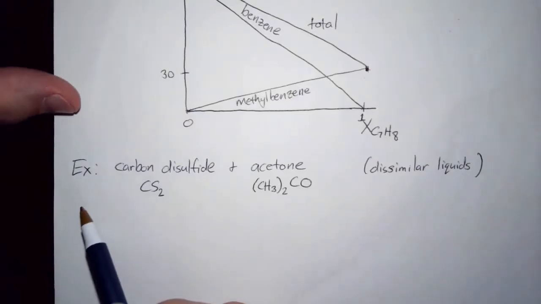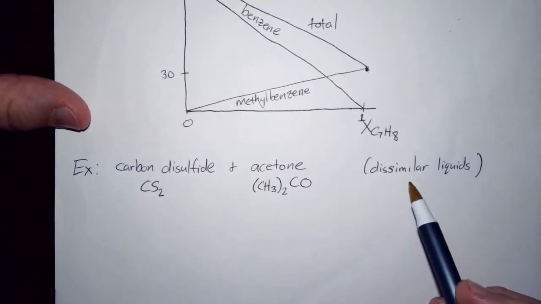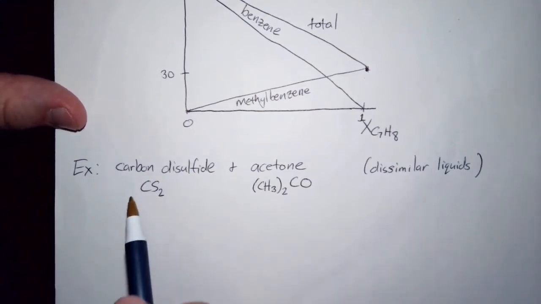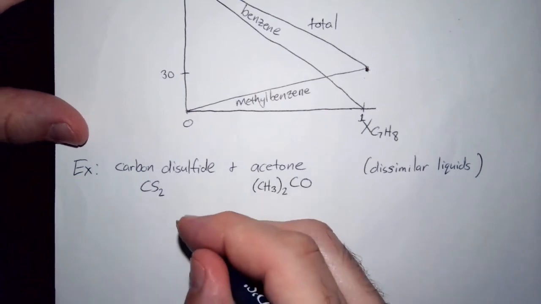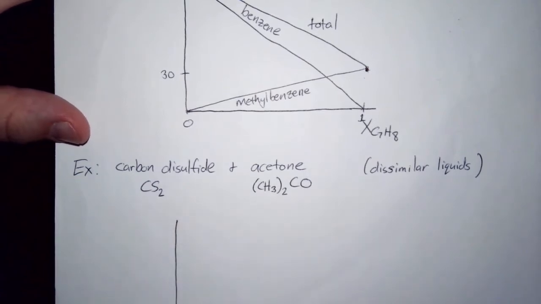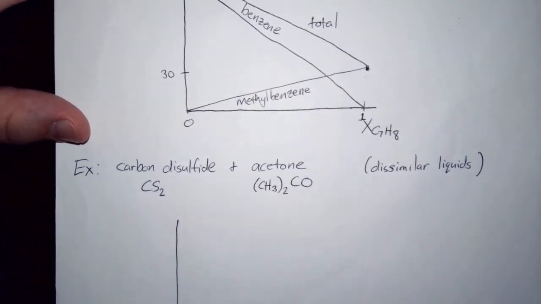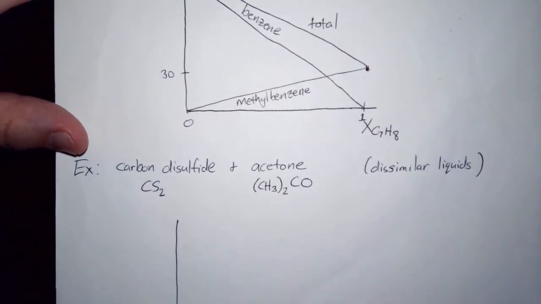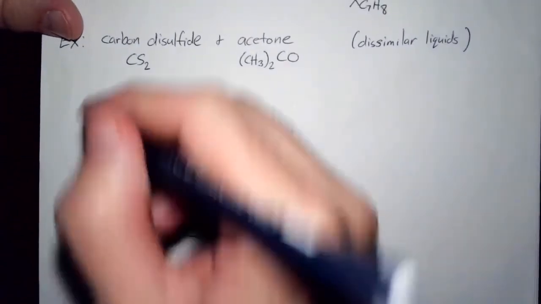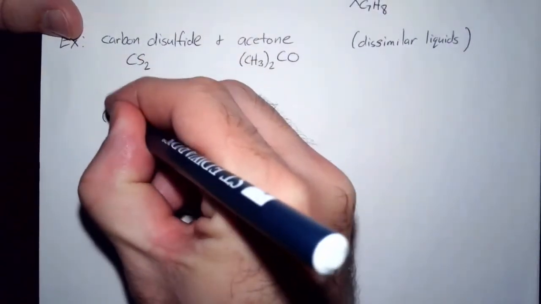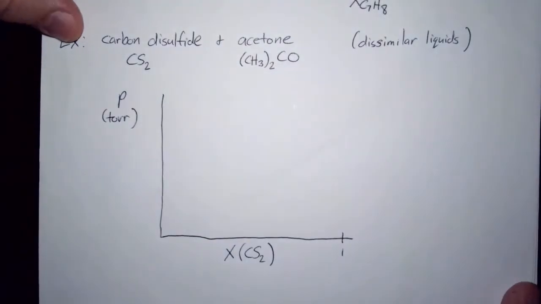Okay, another example, this time for dissimilar liquids. The textbook uses carbon disulfide and acetone. Once again, I'm going to plot the pressure versus the mole fraction. In this case, I'll put the mole fraction of carbon disulfide on the x-axis, pressure on the vertical axis, in torr again.